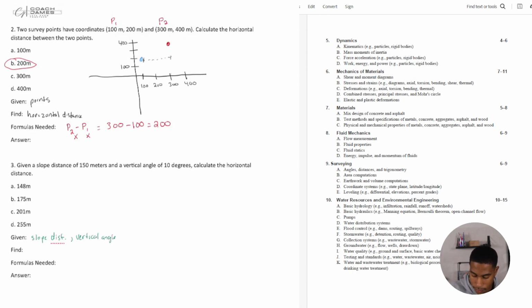If I draw this out really quickly, what is a slope distance, right? Slope is just rise over run.